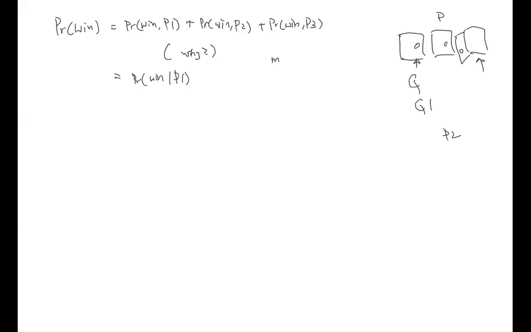Okay. So I can expand this as probability of win given P1 plus probability of win given P2 plus probability of win given P3. Let's say I write it like this. Again, what's the reason that allows me to write like this?